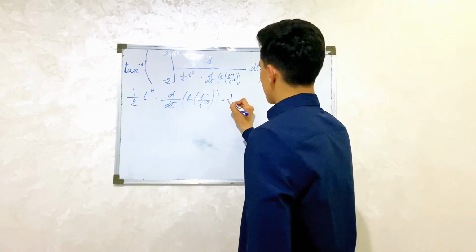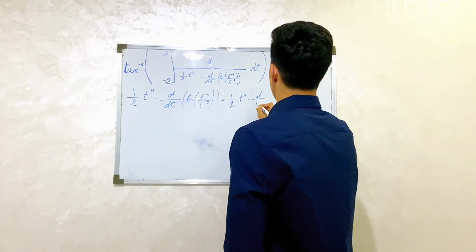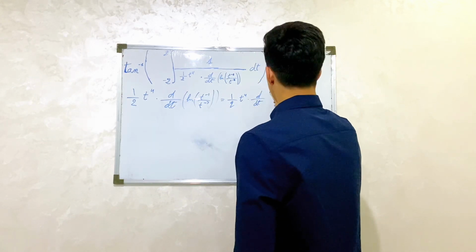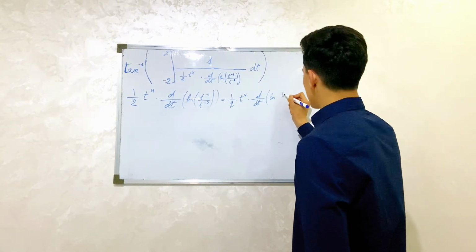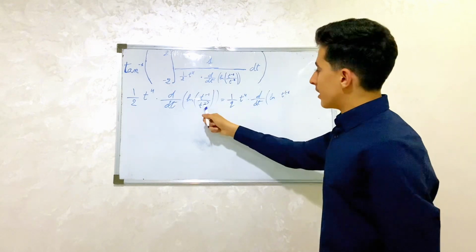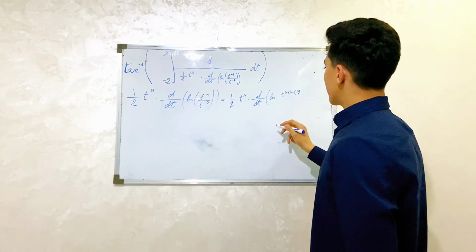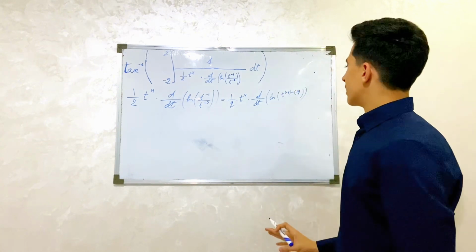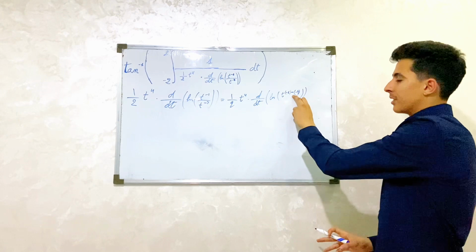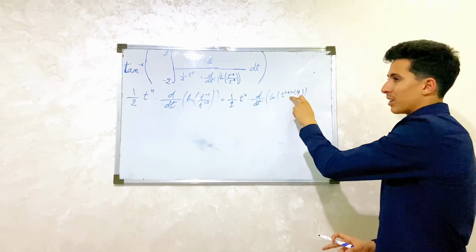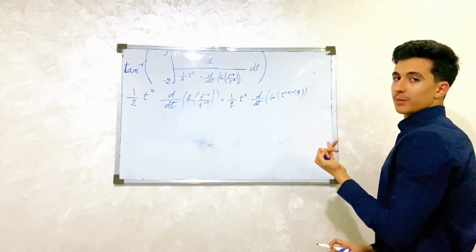So we have, let's copy the rest, 1 over 2 t to the 4th power times the derivative of the natural log of t to the power of negative 1 minus negative 3, like this. So, negative minus a negative number. It's like multiplying by negative 1 times negative 1, which is 1, meaning that this becomes 3.